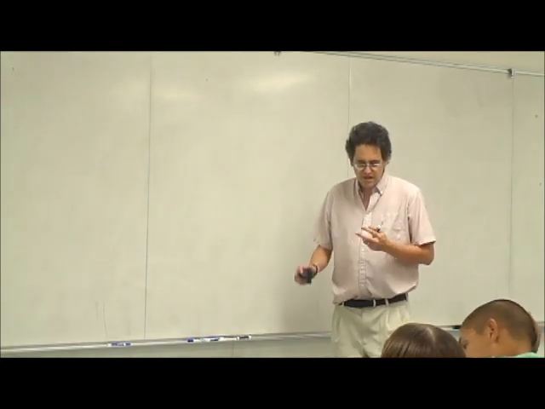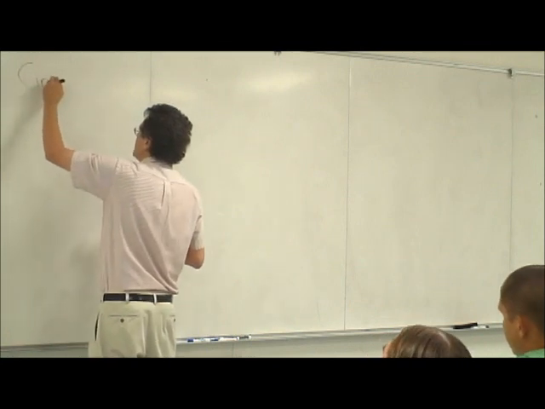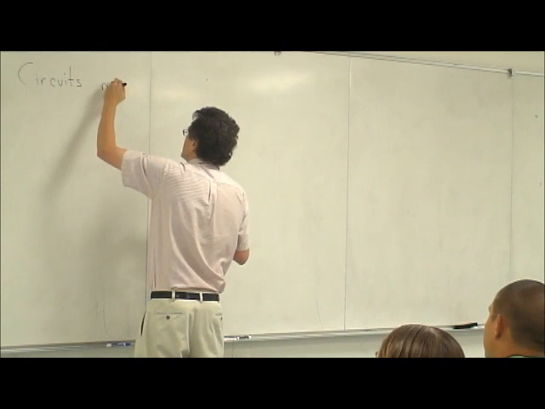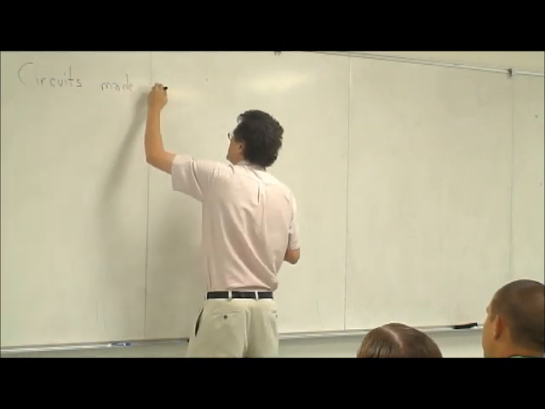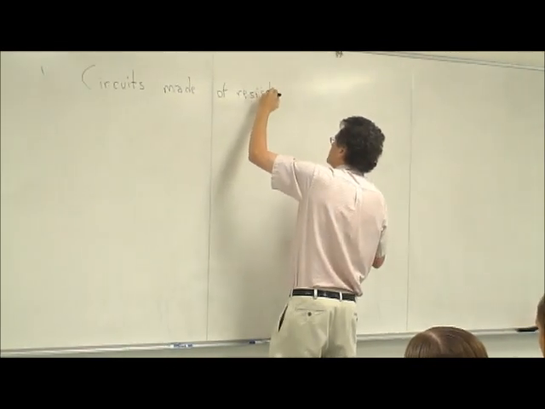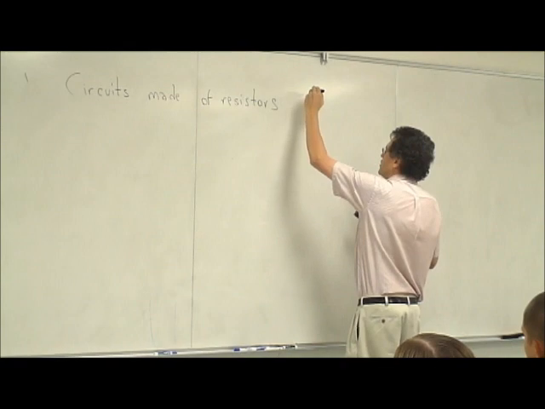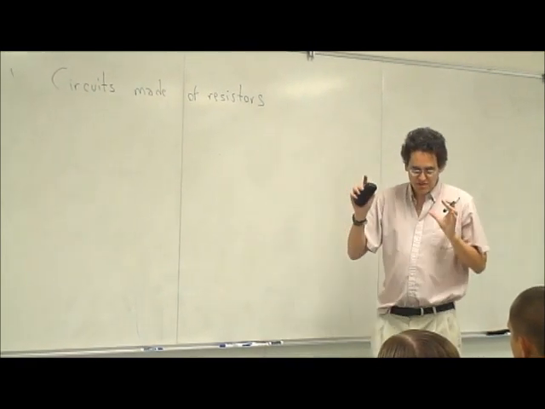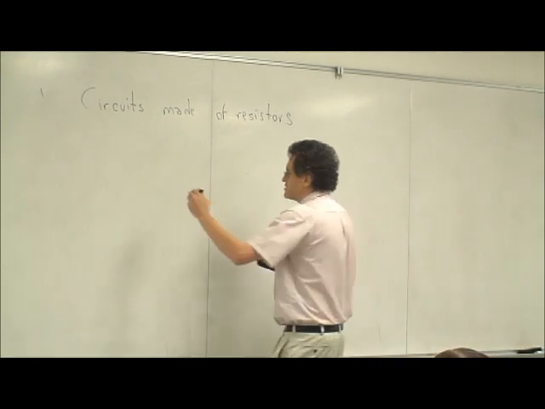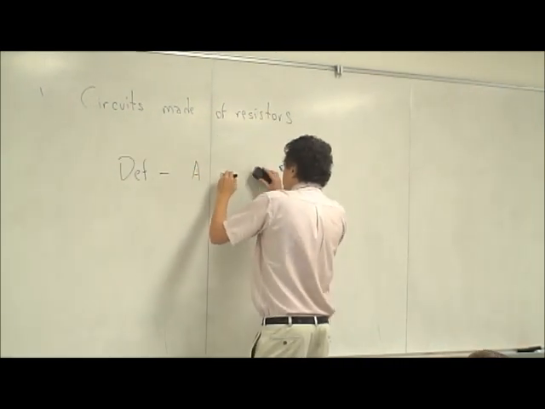So I want to talk about circuits made of resistors as an example of these networks, and take a certain attitude towards circuits made of resistors. So I'll probably just call them circuits for a while. Okay, so we'll start out with the definition of a graph.